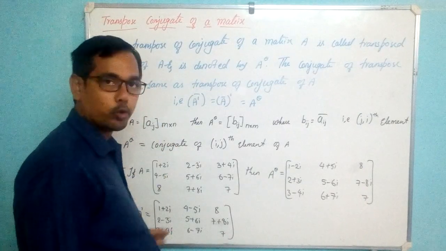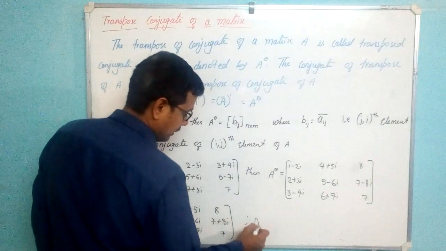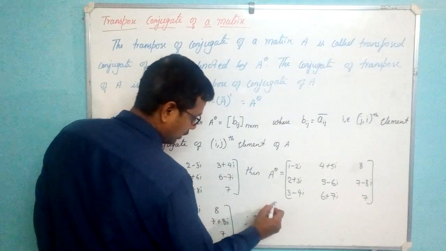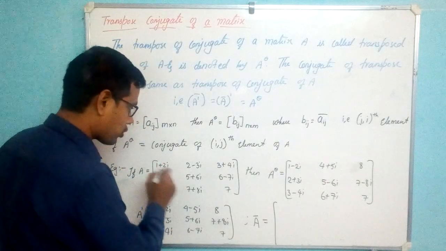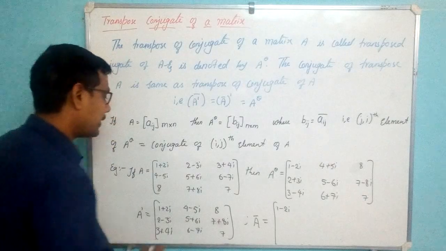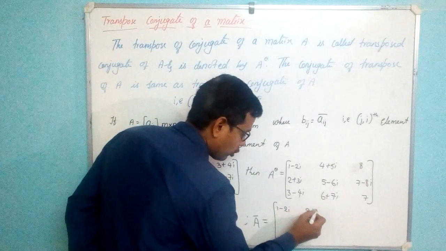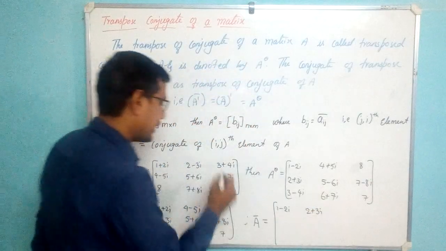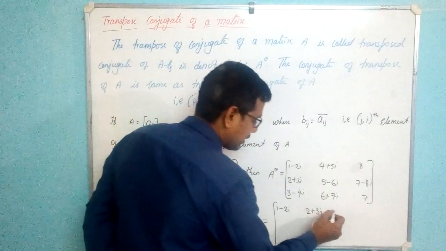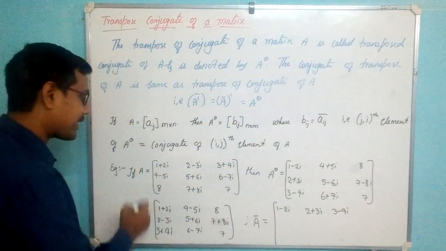Now if I take first conjugate and then take the transpose, then what is going to happen? A conjugate is what? See, A is 1 plus 2i. A conjugate will be 1 minus 2i. Right? Here 2 minus 3i is there. It will become 2 plus 3i. 3 plus 4i is there. It becomes 3 minus 4i. 4 minus 5i is there.